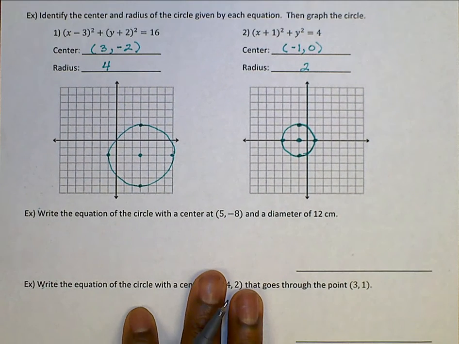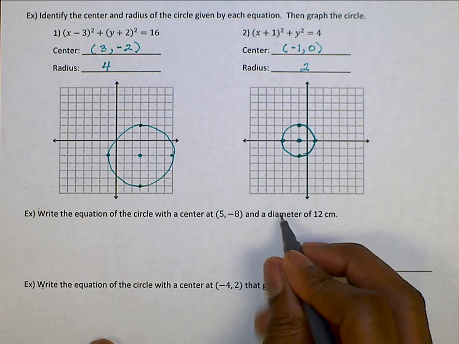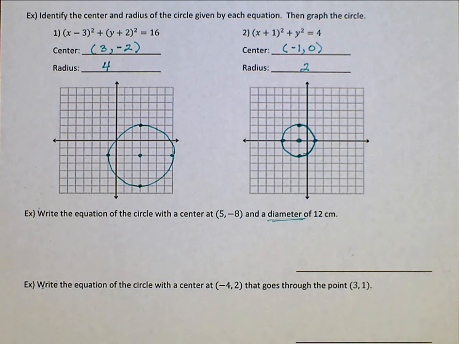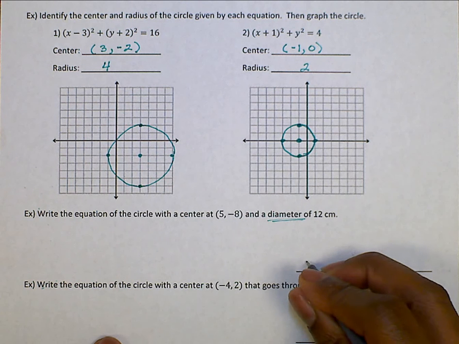Alright, let's answer a few questions. It says, write the equation of a circle with center (5, negative 8) and a diameter of 12. So first we know our center is (5, negative 8), so that should help us out with the first half of the equation.